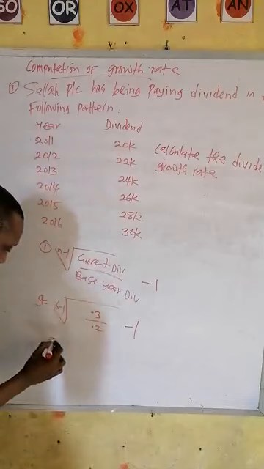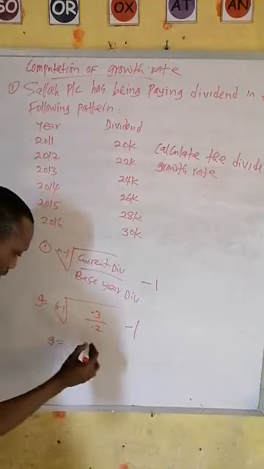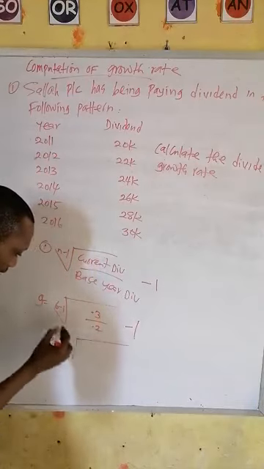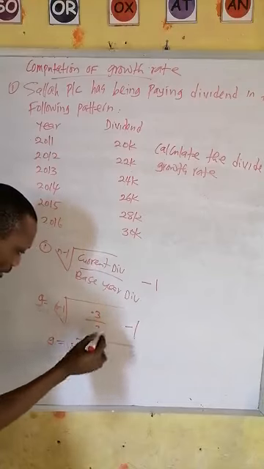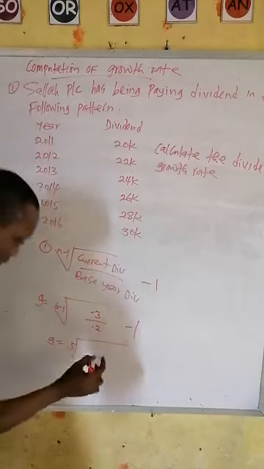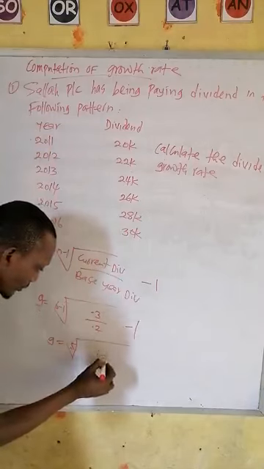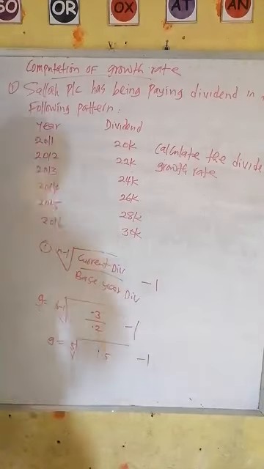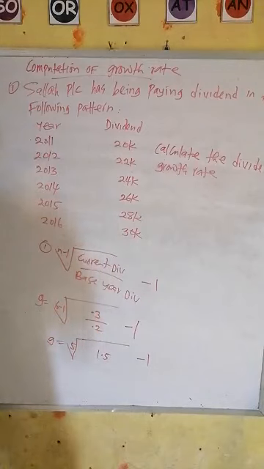So our G is equal to the root of 6 minus 1, which is 5, of 0.3 divided by 0.2. What do we have? 1.5. We have 1.5, all minus 1.